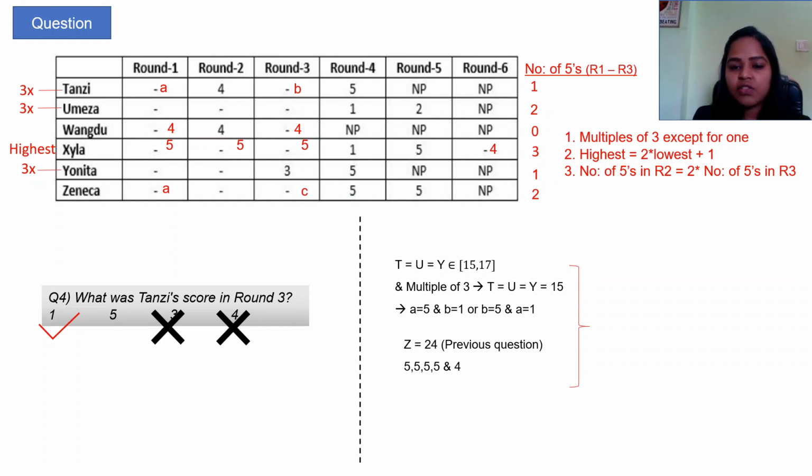In that case, Z's scores will be four 5s and a 4, right? In that case, A should be 5, B should be 1, C equal to 4. That is the only possible combination where you get scores equal in round 1 and scores different in round 3. So definitely T's score in round 3, which is B, should be equal to 1.